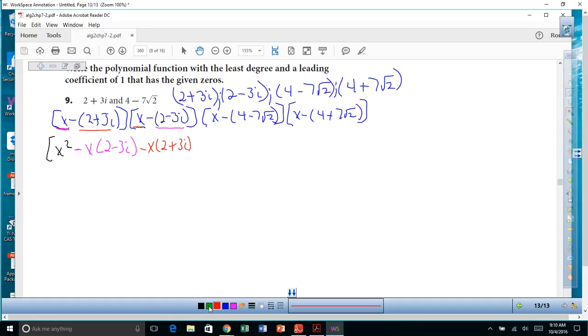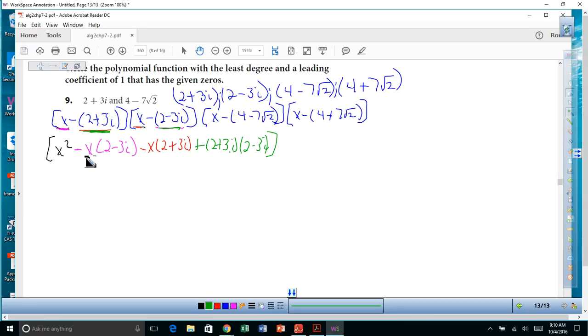And then the last is 2 plus 3i times 2 minus 3i. We got a negative and a negative, that's going to give you a positive. We're just going to stick with this part here for now, and then we'll do the other half.